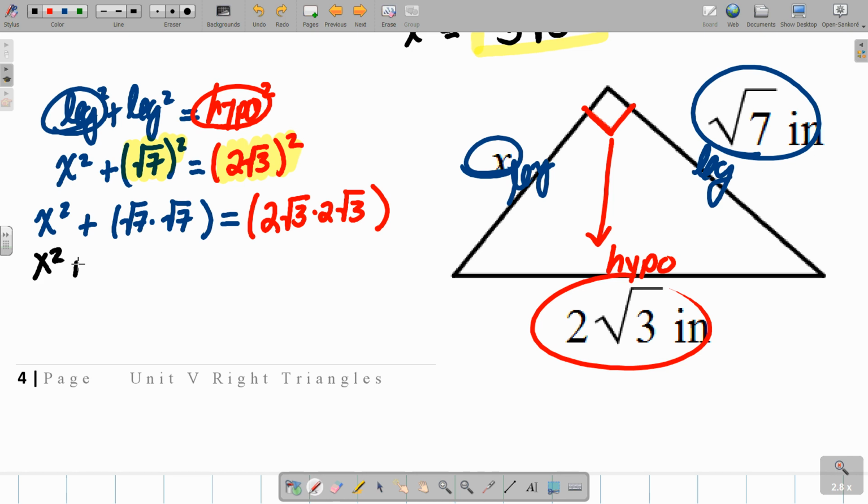This is still x squared. Root 7 times root 7 is just 7. 2 times 2 is 4. Root 3 times root 3 is just 3. 4 times 3 becomes 12. Stay right with me. Minus 7 on both sides.